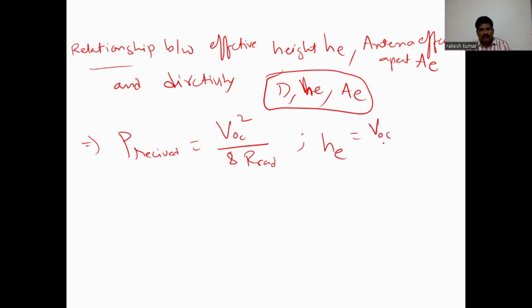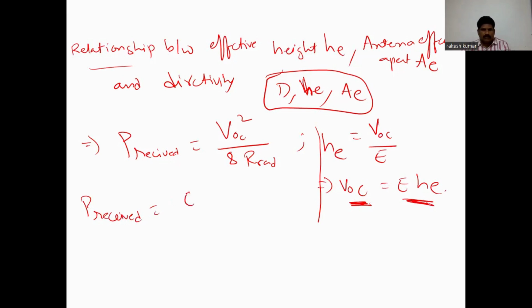Effective height is equal to V_oc by E, so V_oc is equal to H_e times E. Substituting H_e E in place of V_oc, we get P received equal to E square times effective height whole square by 8 R_rad. So this is the formula for P received.